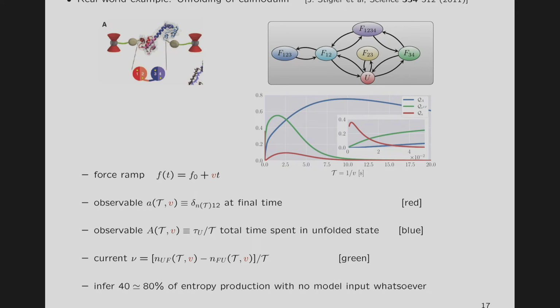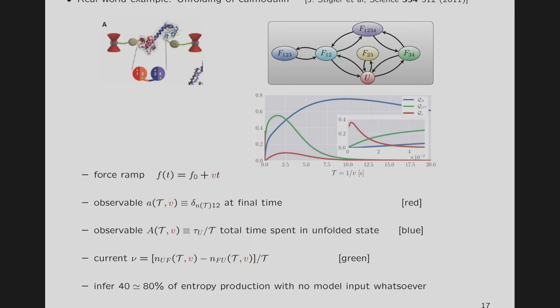And since we know all rates, we can calculate the entropy production exactly, and we can use the estimate from the bound. We look at the ratio. This ratio is shown here as a function of the speed. And what you should take away here is that you get something between 20 and 80% of the total entropy production, depending a little bit on condition.